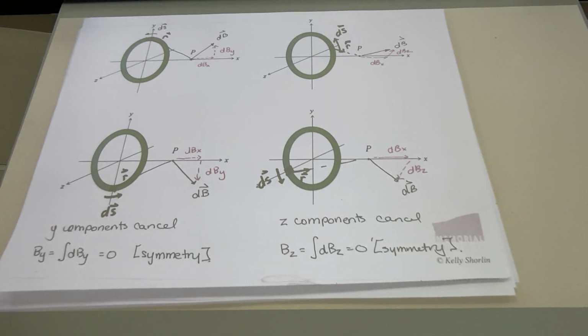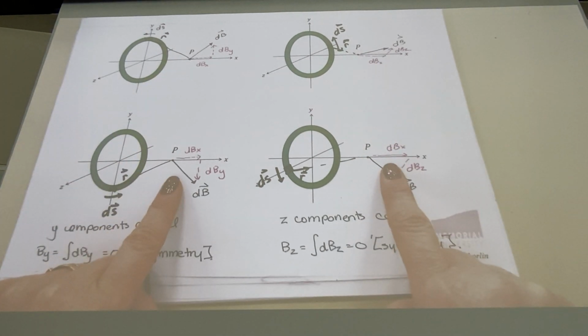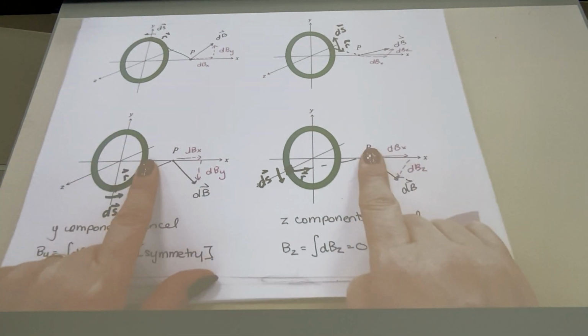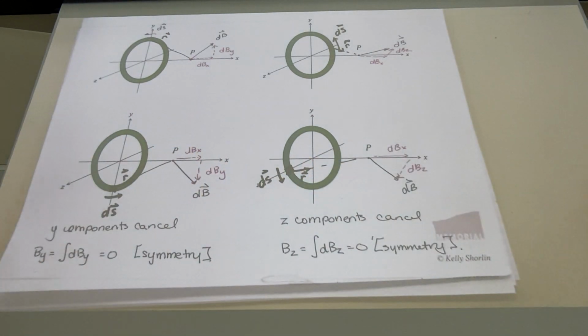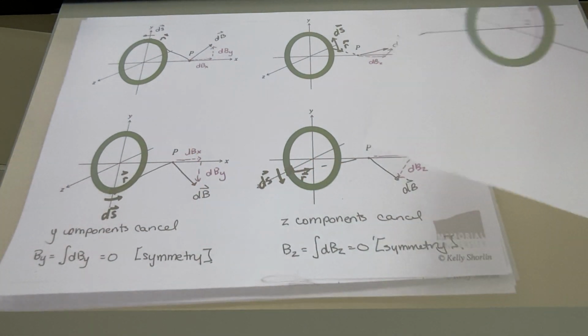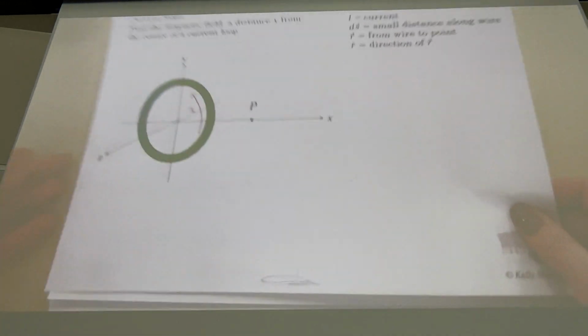Any questions? So do the x components cancel? No, they all point forward, right? So our x's definitely don't cancel. To get those to cancel, some would have to point left and some would have to point right. So the x's do not cancel. Okay, let's go back to our first slide.